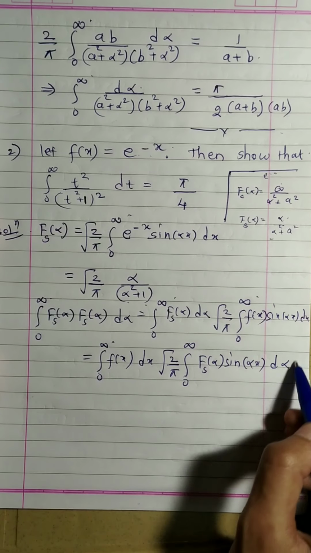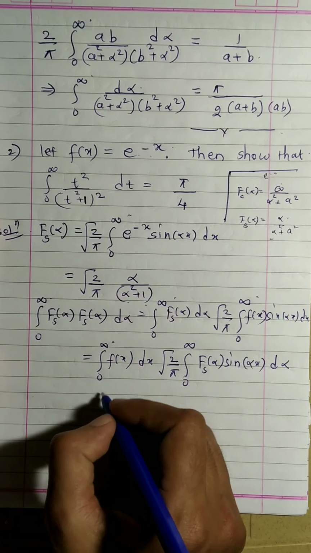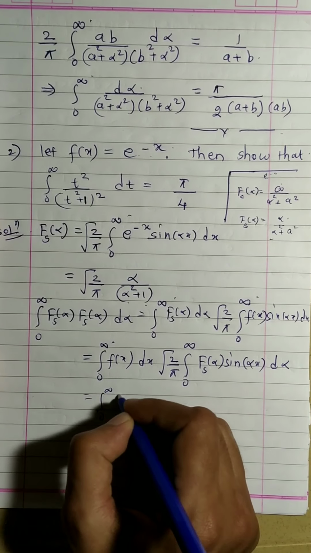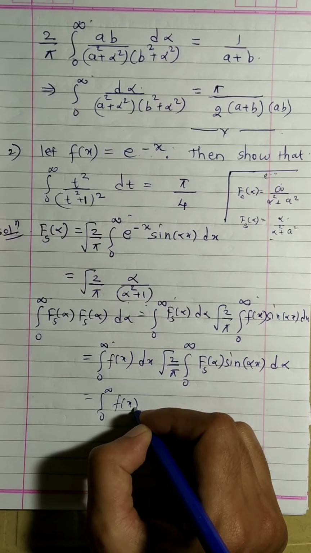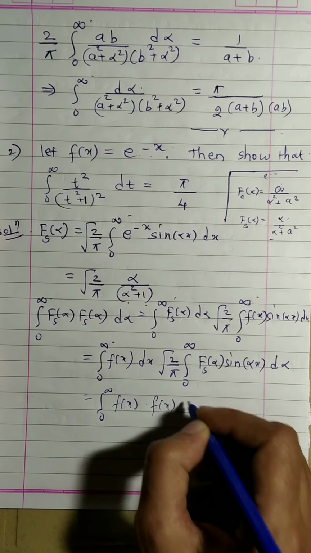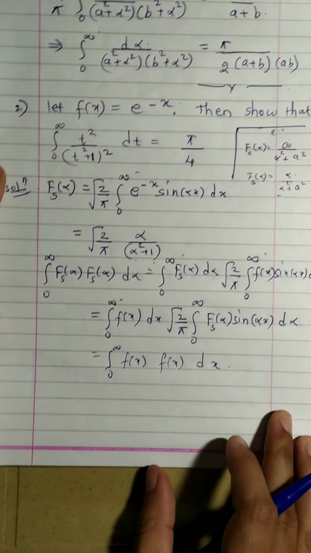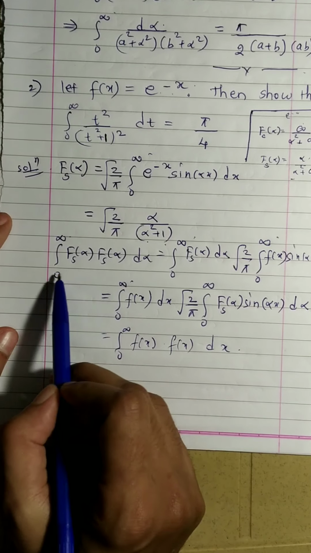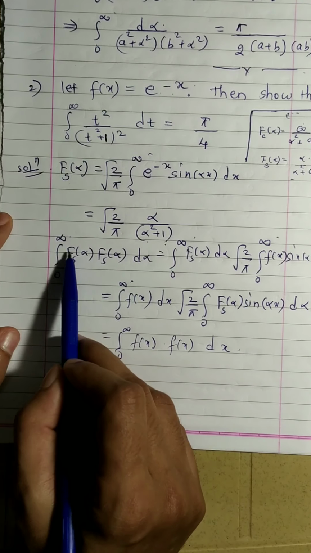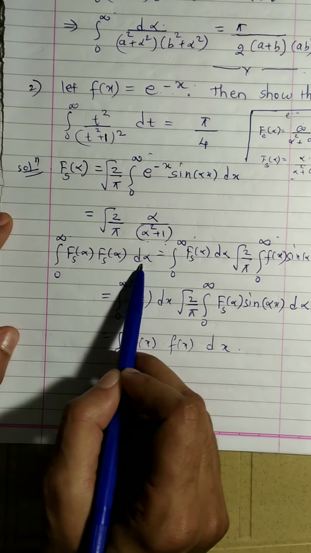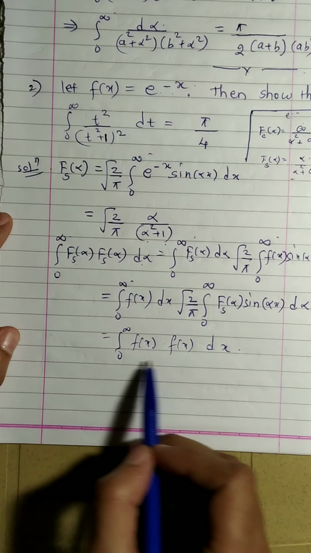If you see here, this is again f of x, so it will be this into f of x dx. So what we have got is the integral from 0 to infinity of fs of alpha d alpha is equal to this.